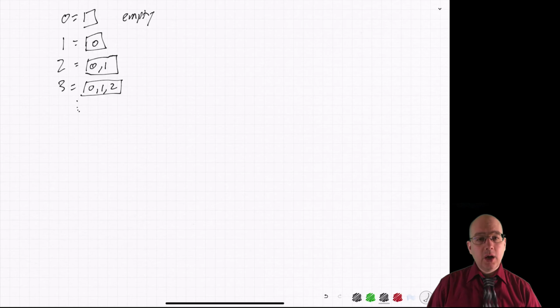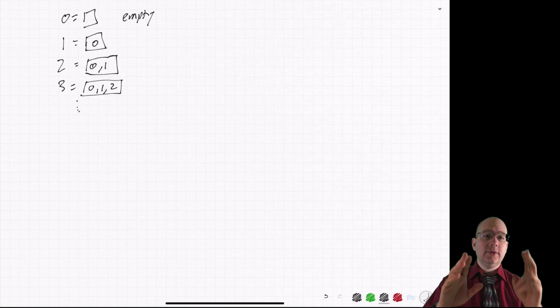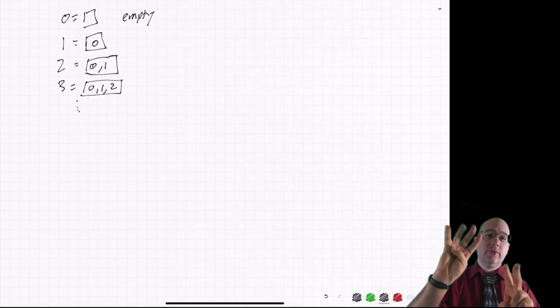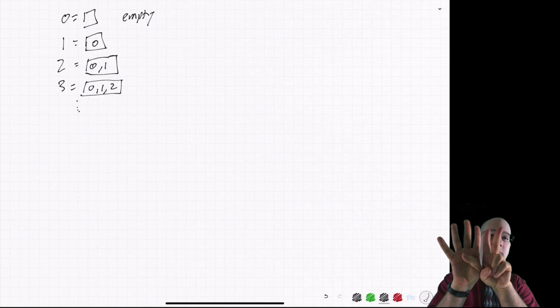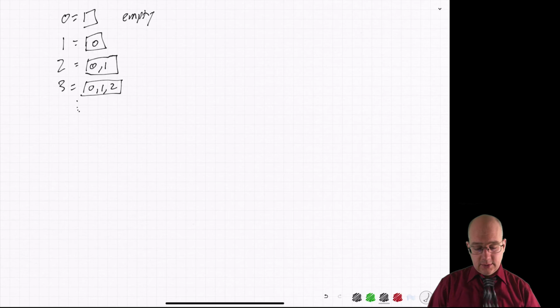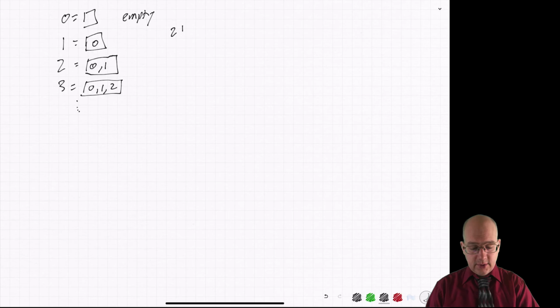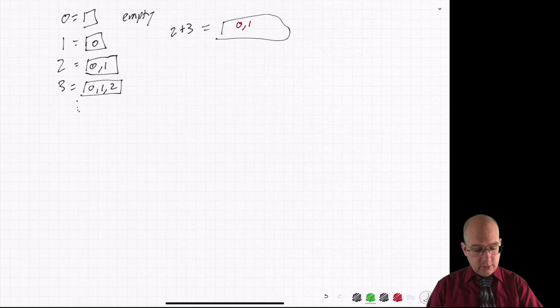No problem. Now, we defined addition. Fundamentally, addition is like I've got 4 things and 2 things, and I put them together and I count them. So that's 6. And so the same thing is with this idea. 2 plus 3 is, you have one color being red.